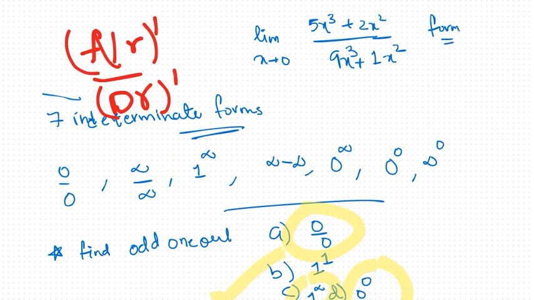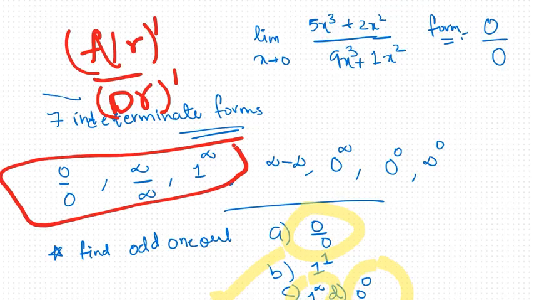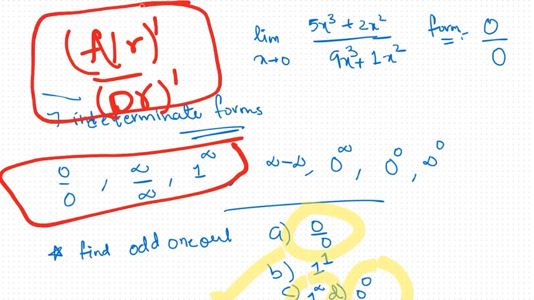You have to put the value of x. What happens? 0. So the form check is done: 0 by 0. We do the form check because we have to identify whether it is like this, or like this, or like this. So it will be the first one, it comes under the first two categories. So that means we have to do like this.